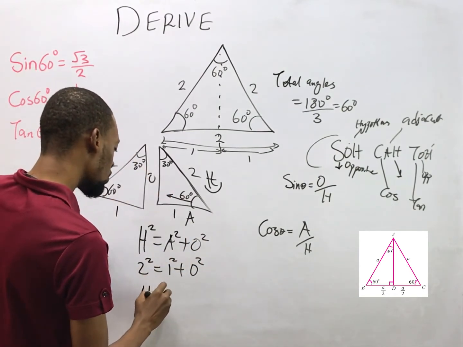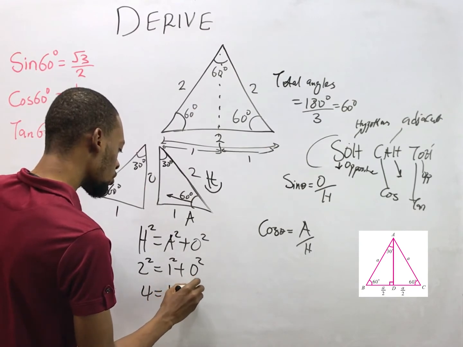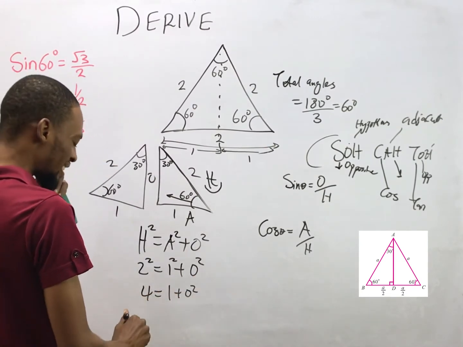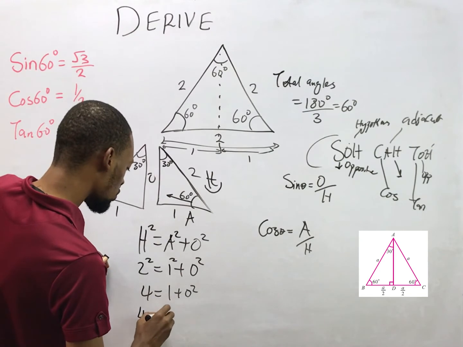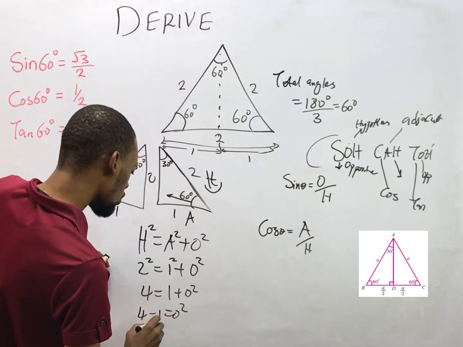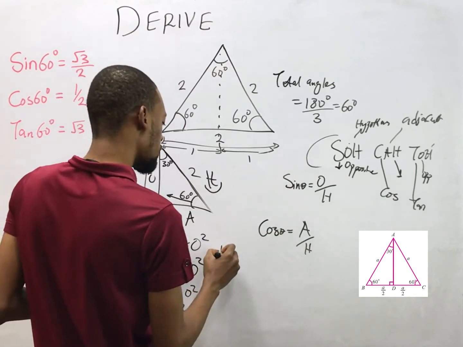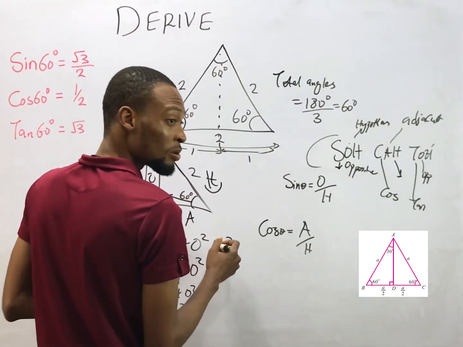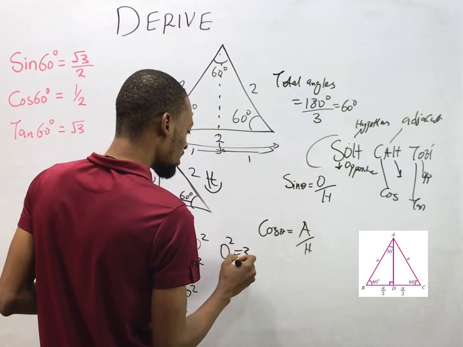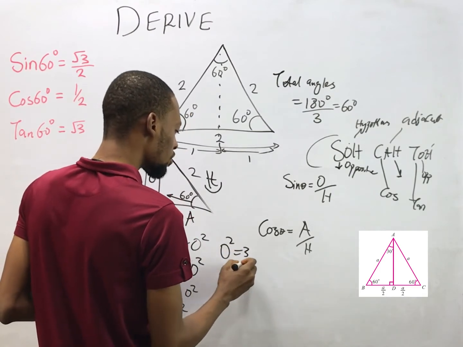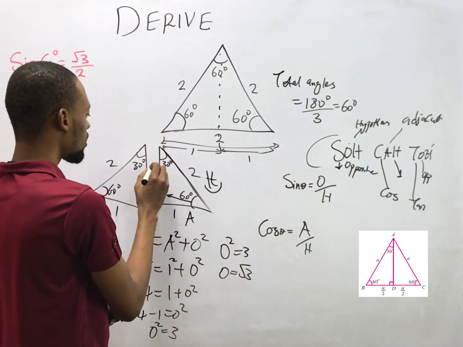This will give you 4 is equal to 1 plus O square. Collecting like terms, 4 minus 1 is equal to O square. O square becomes 3. So opposite square is equal to 3, it means that opposite will be equal to root 3. So here is root 3.